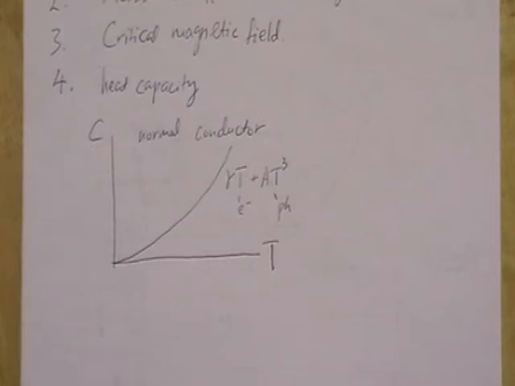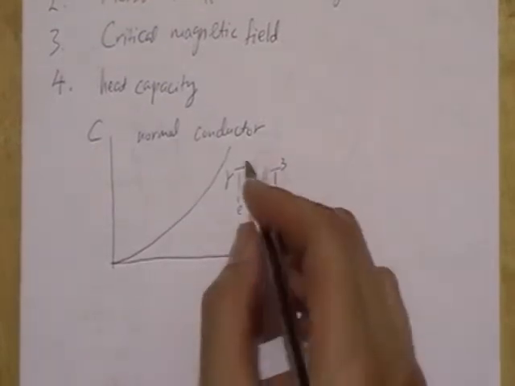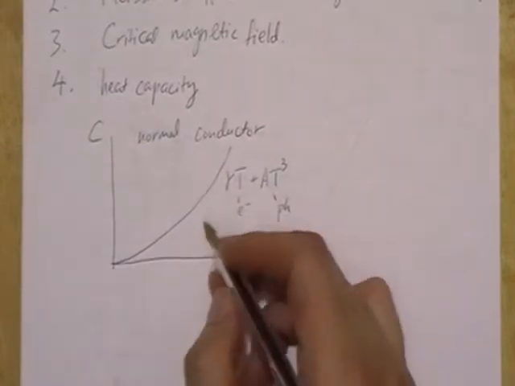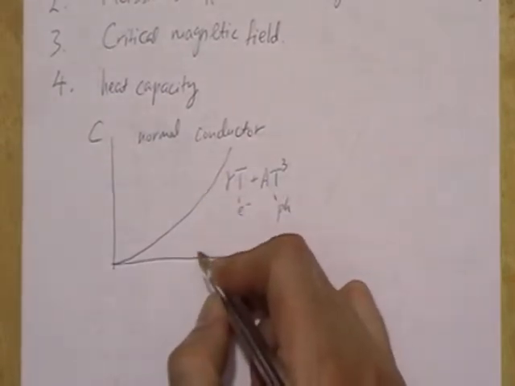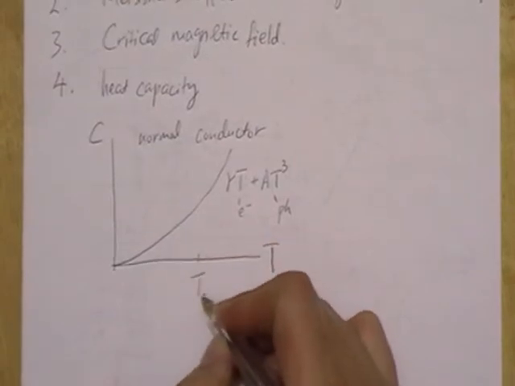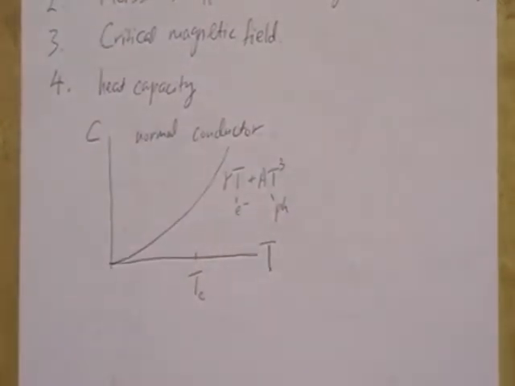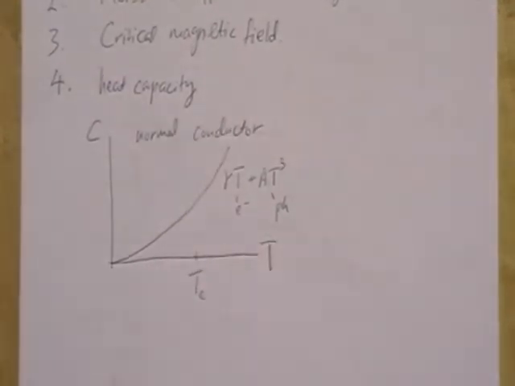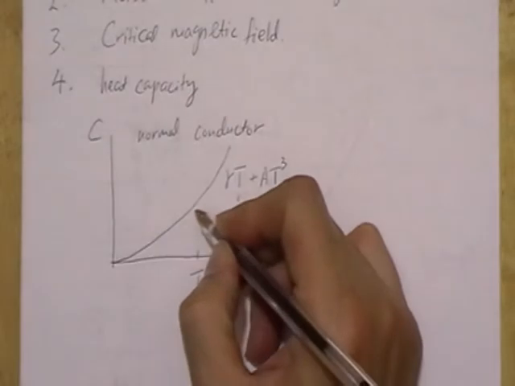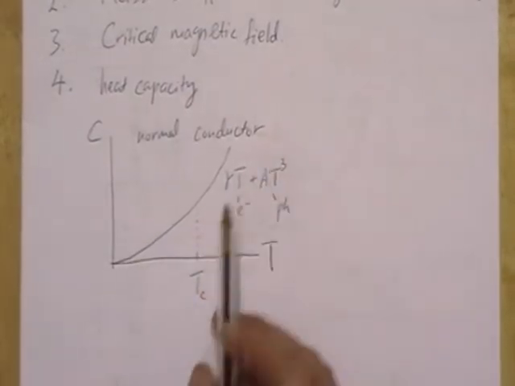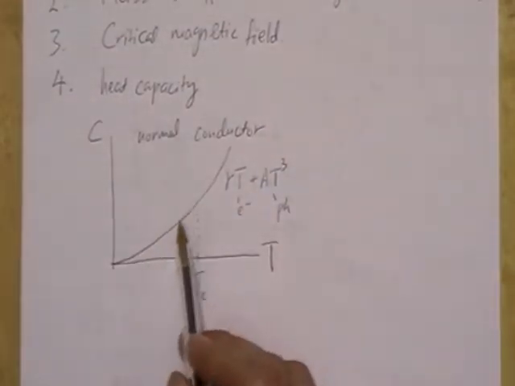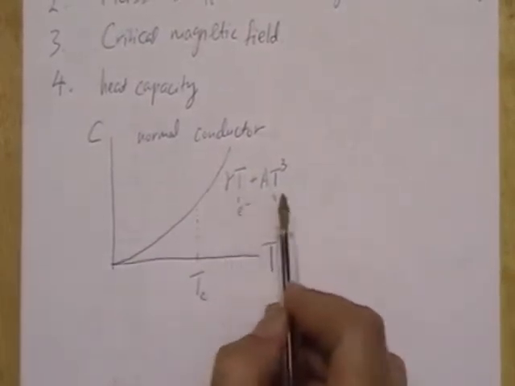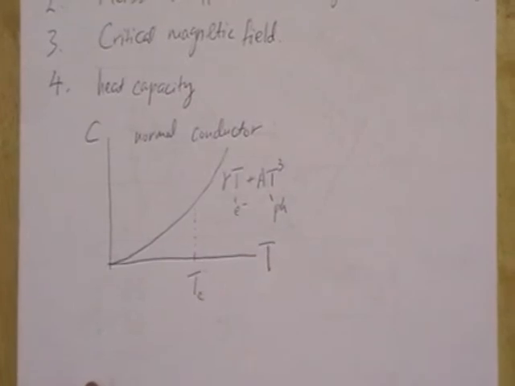But it is found that when the normal conductor falls below the transition temperature of the superconductor, the normal conductor would become a superconductor, and it was found that below this temperature the shape of the graph becomes very different from this formula.